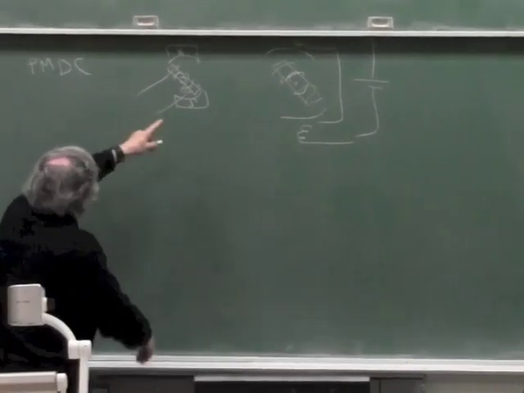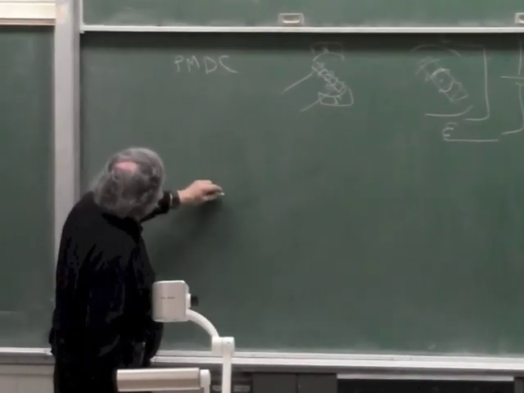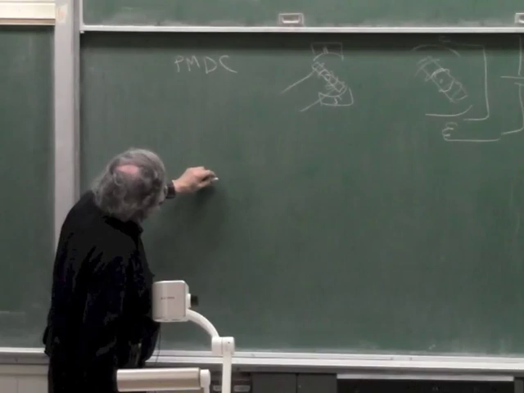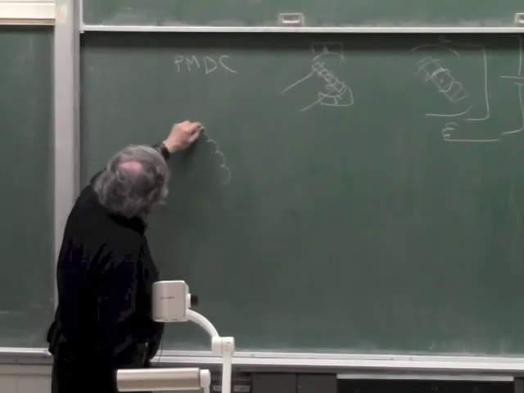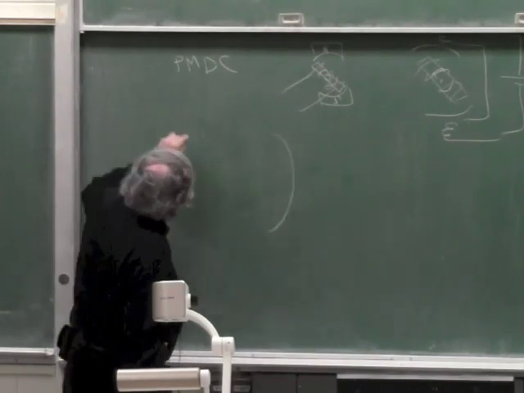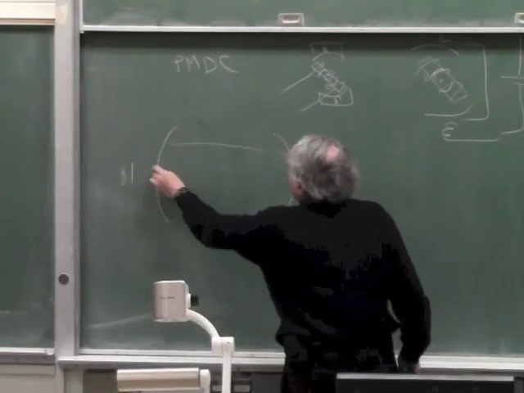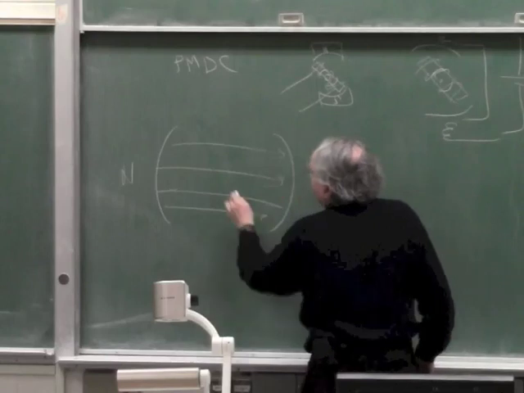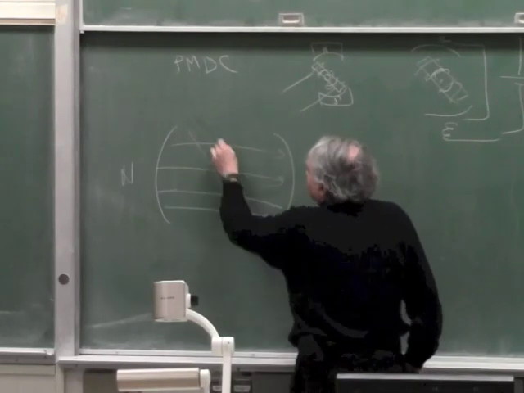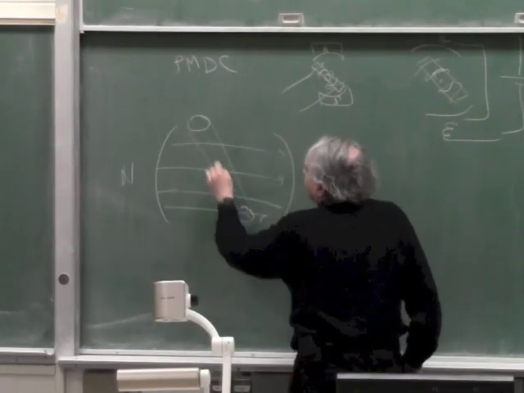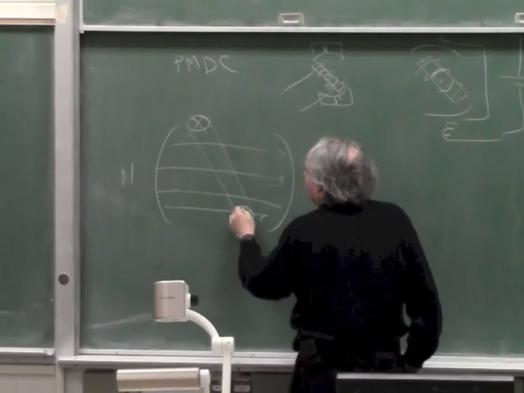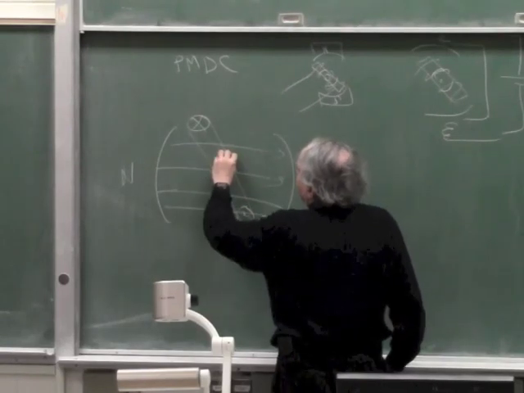So if I draw this thing larger, I'll draw it the way we drew it before. We have N, S, we have a magnetic field, and we do a cross section here. Here is a conductor, say current going in, current coming out, and here is a commutator.